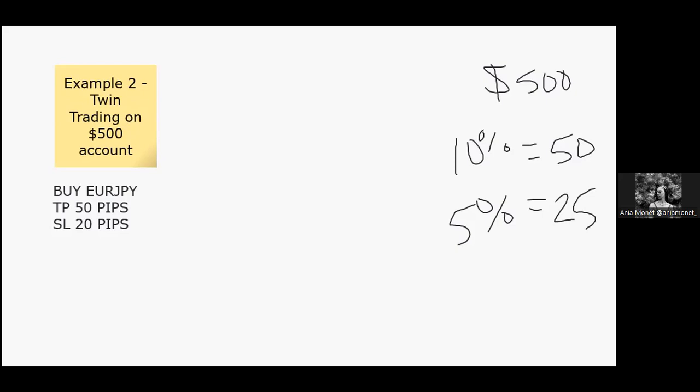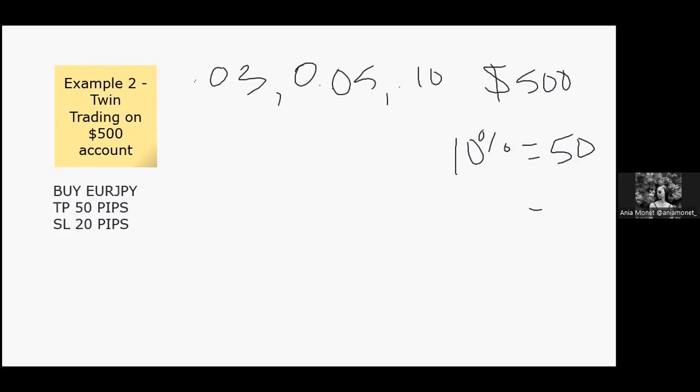I'll say that your lot sizes could consist of 3 cent, a 5 cent, and a 10 cent. Sorry, that looks so sloppy. Okay, and we can erase all this right here.